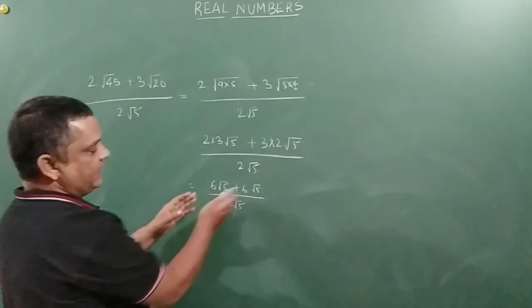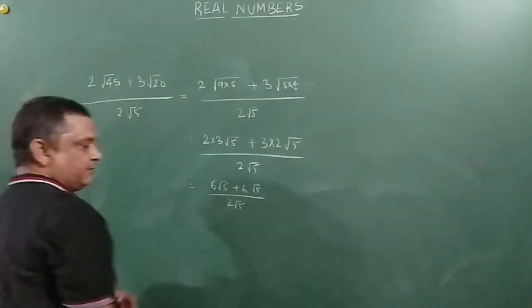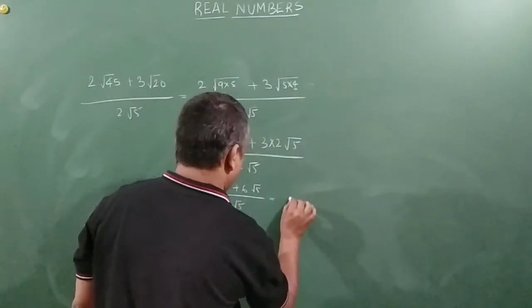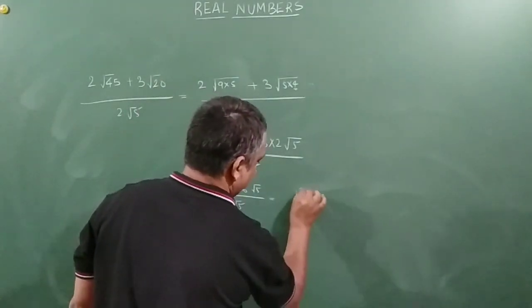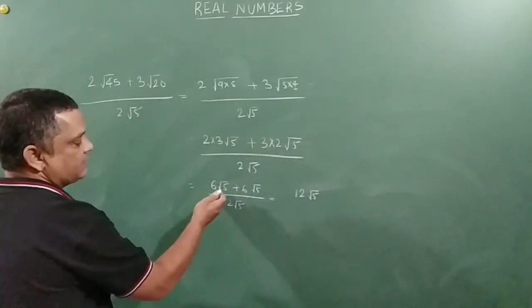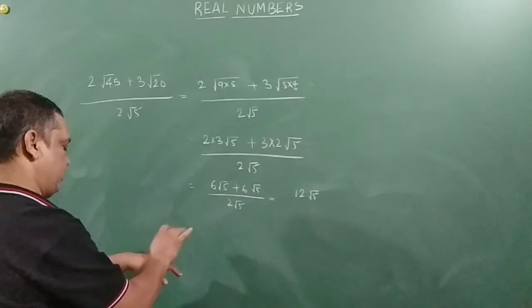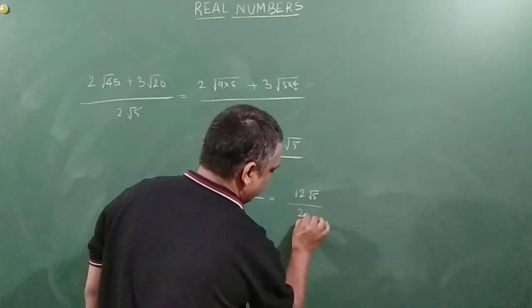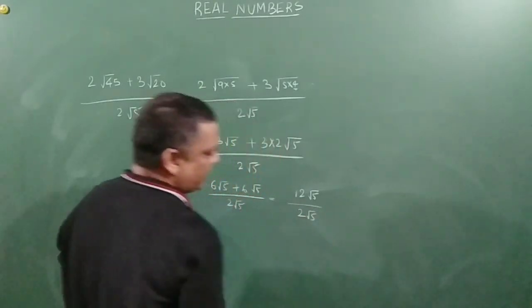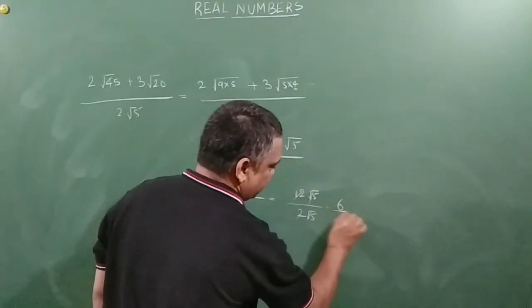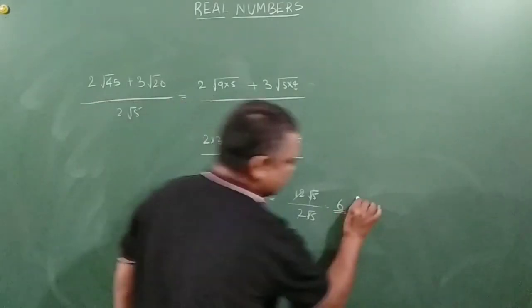Now, when we are adding 6 root 5 and 6 root 5, this will be 12 root 5, you can say. Because I am taking root 5 as common, so 6 plus 6 is 12 divided by 2 root 5. Okay, so now this and this cancel, and we are left with 6, which is rational.